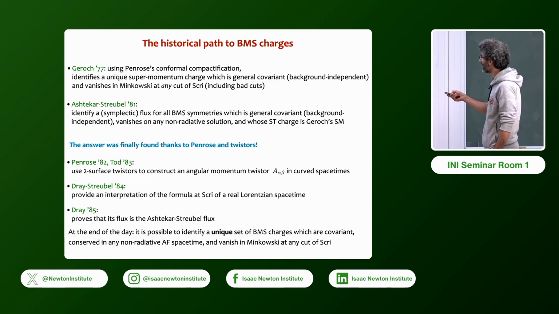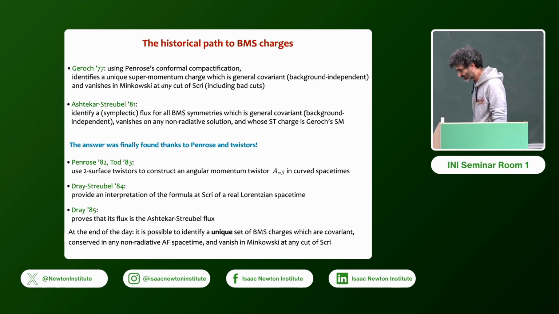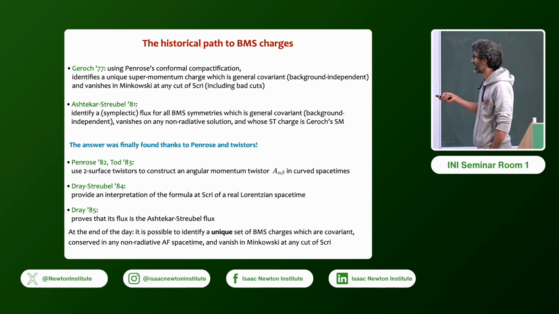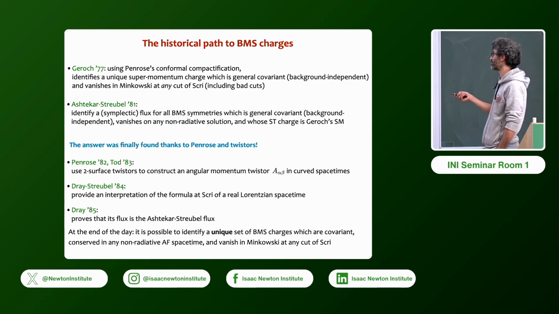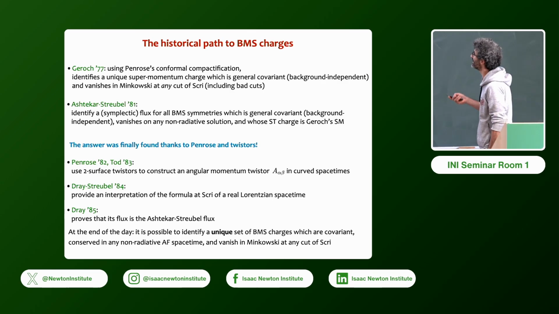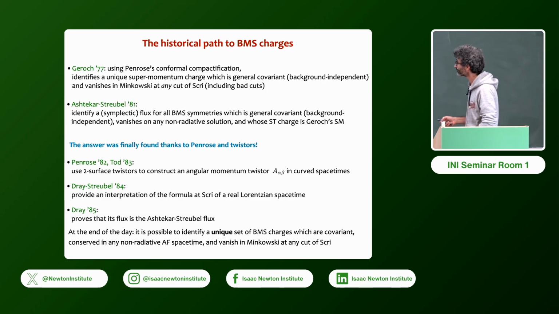One more year after, Dray and Streubel provided an interpretation for this formula at scri of a real Lorentzian spacetime. And then the next year, Dray proved that the flux of this formula is the Ashtekar-Streubel flux for a rotation, for any cut of scri. So at the end of the day, thanks to this, it was possible to identify a unique set of charges and fluxes with a certain number of properties.